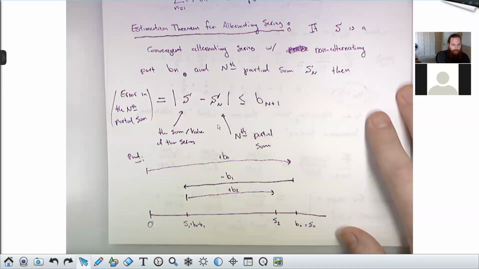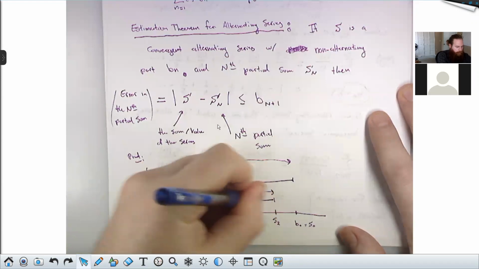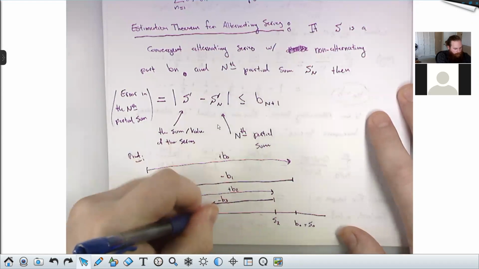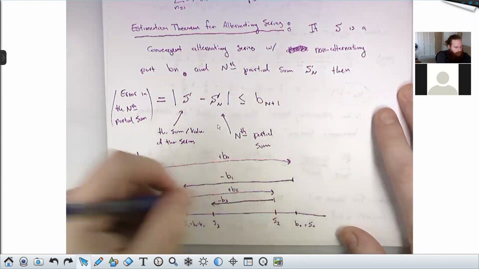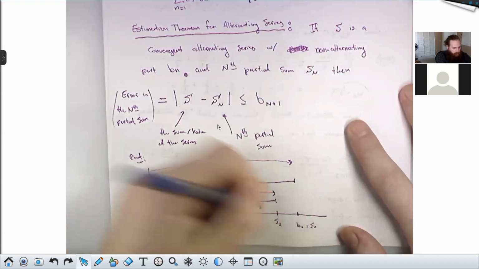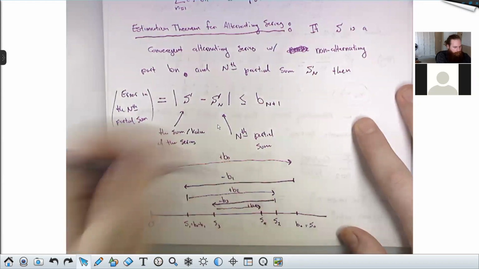Can you see what's going to happen? B3 will take me back to the left, but not as far. So I land here at S3. And then this continues. B4 will take me back to the right again, but not as far. And I land here at S4.